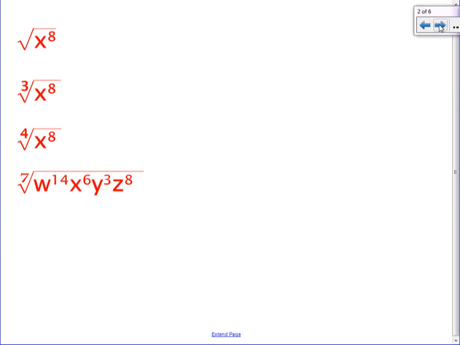All right, so we're looking for groups of size 2. So how many groups of 2 are there? X to the 4th. How many groups of size 3 are there? There's 2 of them. And there's 2 left over underneath there after we take out those groups of 3.